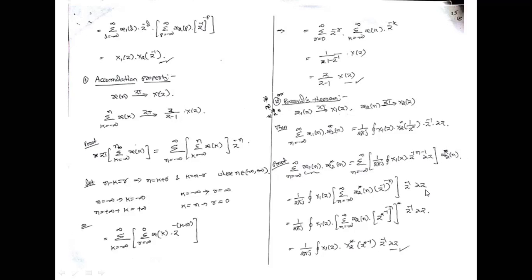Got it, my students? So rewrite the function: 1 by 2 pi j the integral x1 of z, and the remaining terms all have n.